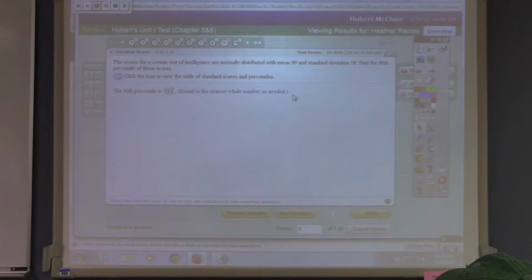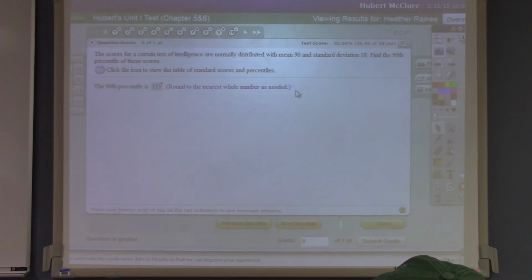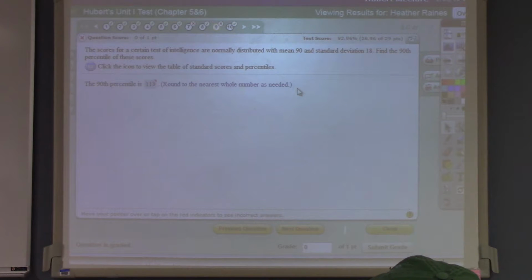I'll let y'all work on it first. Blow it up a little bit there. The scores for a certain test of intelligence are normally distributed with a mean of 90 and standard deviation of 18. Draw a picture. Find the 90th percentile of the scores. I'm going to give y'all a second to work on it.